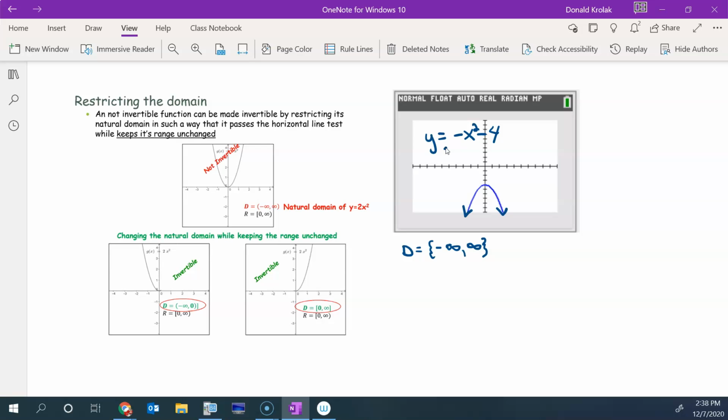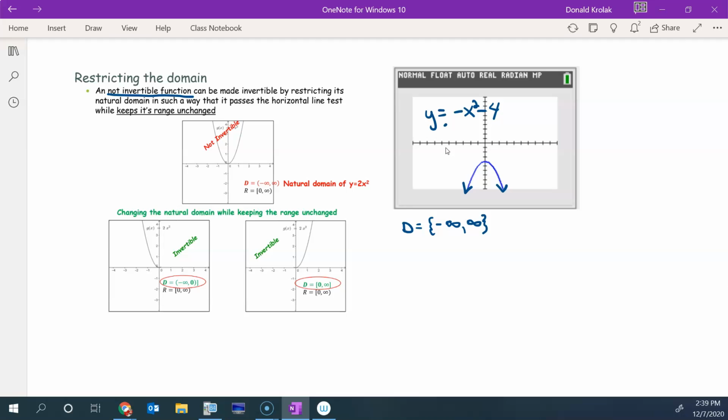All right, but the problem is this does not have an inverse, okay? It's non-invertible because it fails the horizontal line test. This is not a one-to-one function, all right?